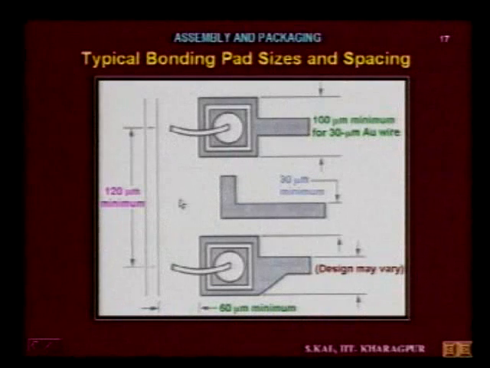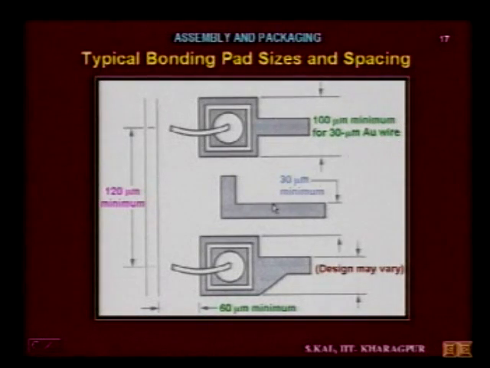In this diagram we show you the minimum features, minimum gaps which are allowable for bond pad size and spacing. Here you can see in the diagram the bond pad size is 100 micron by 100 micron. This gap is 100 micron here, and the wire diameter we are assuming is 30 micron gold wire.